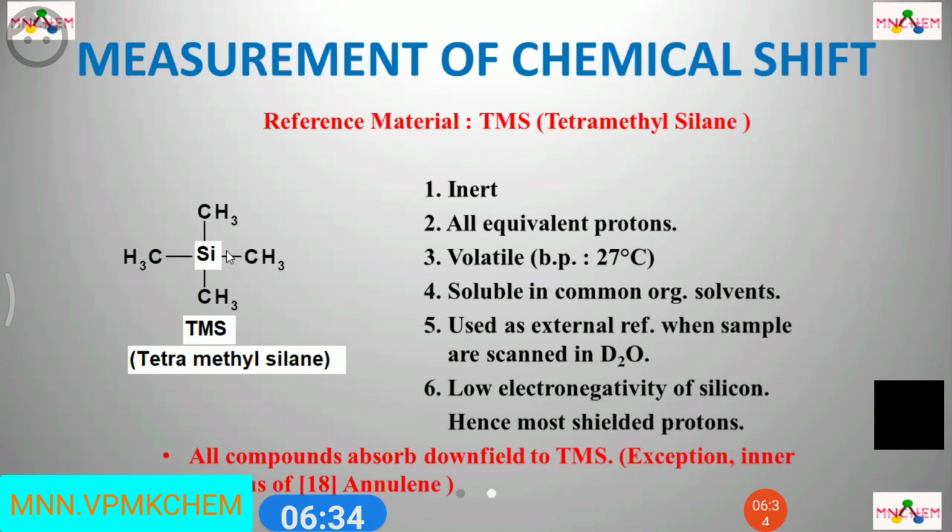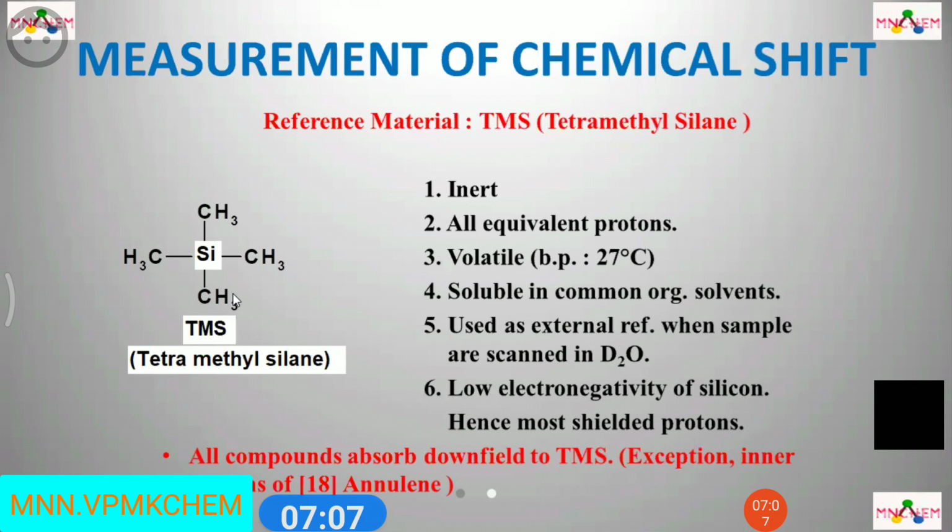Second, all these 12 protons of tetramethylsilane are equivalent, and they give a strong signal in the PMR. This is a liquid with a low boiling point, 27 degrees Celsius, so we can easily remove it from the sample, and the sample can be recovered. It is soluble in most of the organic solvents which are used for PMR experiments.